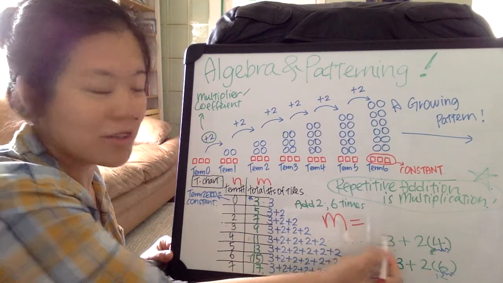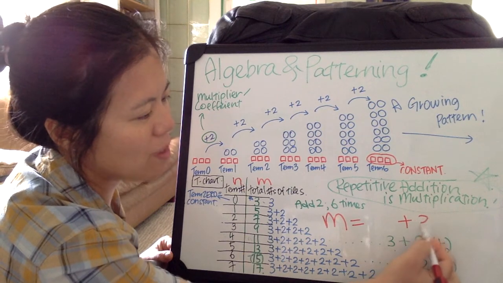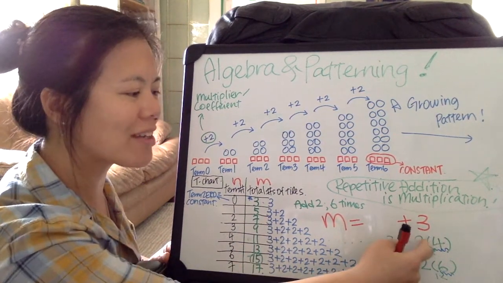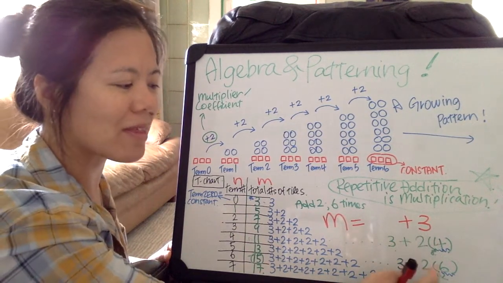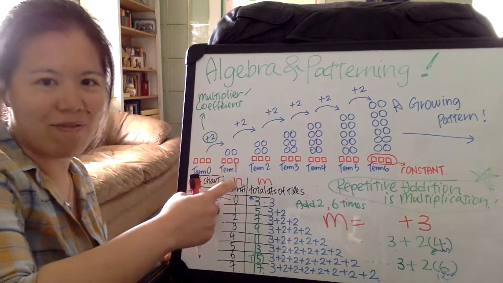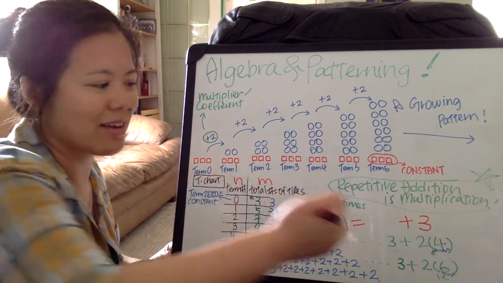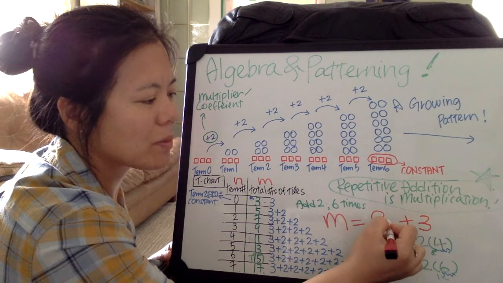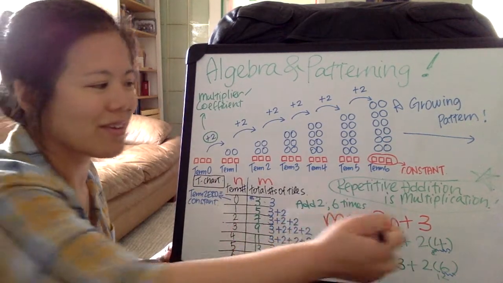And remember, the constant, you always have to add at the end because it's always going to be there. But remember here, we multiplied 2 by the term number. And what if I represent the term number using the letter n? 2 multiplied by the term number.